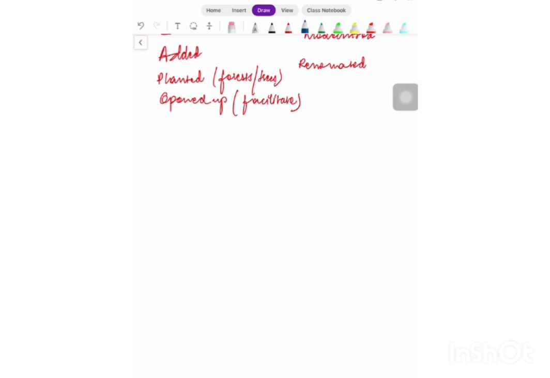Now other lexical resources for like writing a sentence, how to write a sentence. So for that, let us look into it.